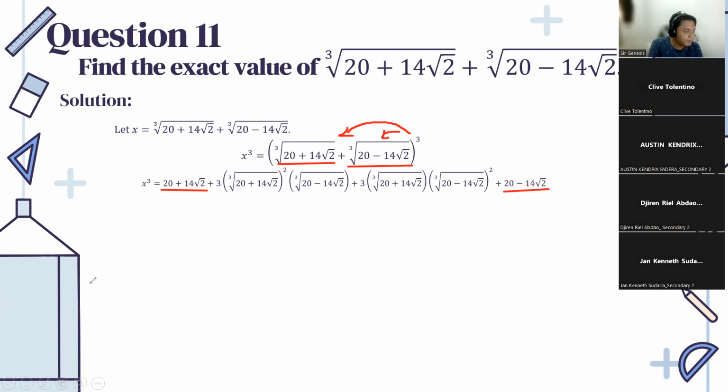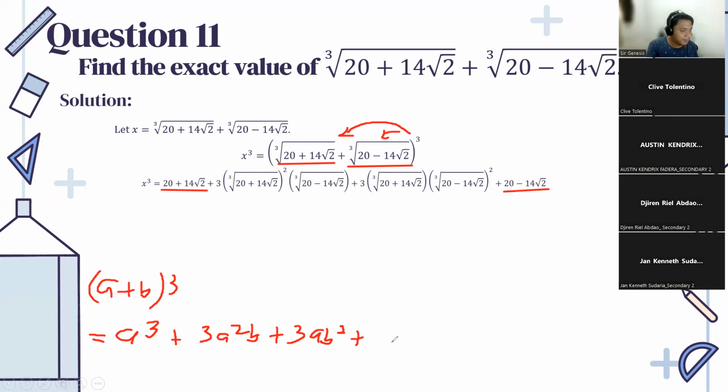If you remember earlier, if we have a plus b raised to 3, that will be a cubed plus 3a squared b plus 3ab squared plus b cubed. So as you can see, this is already a cubed and this is already b cubed. So we'll just follow this one.